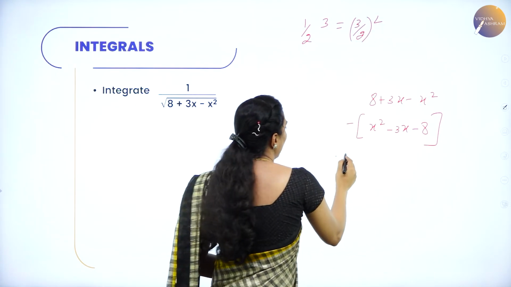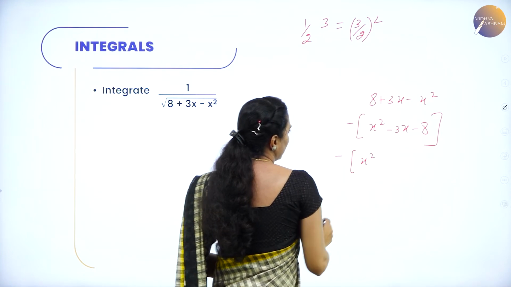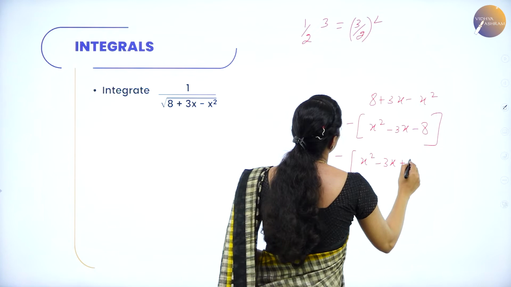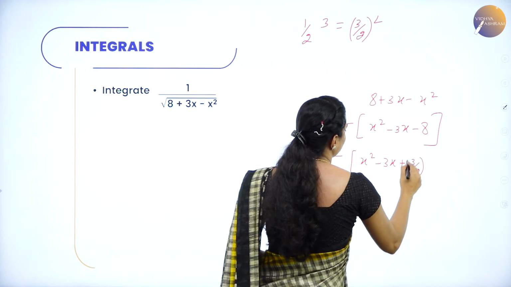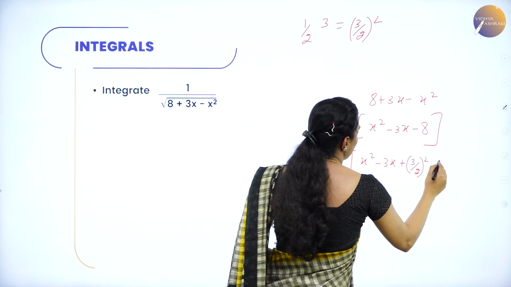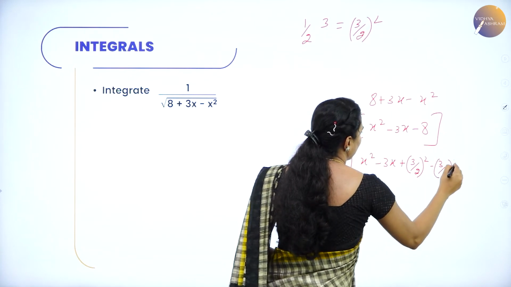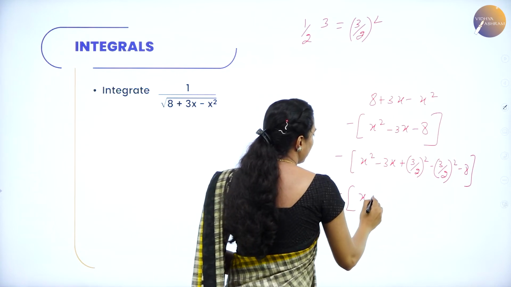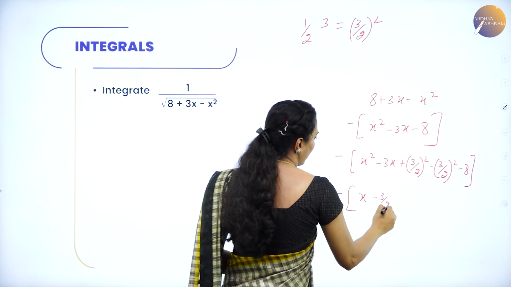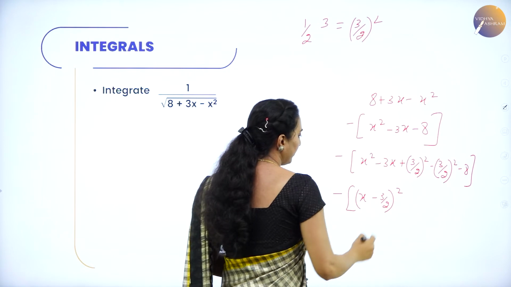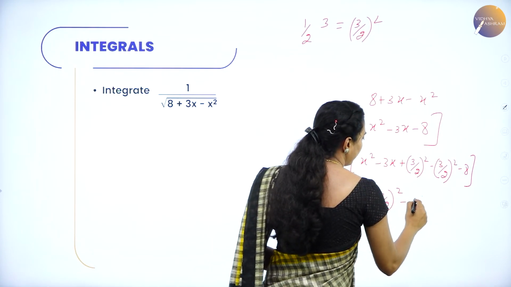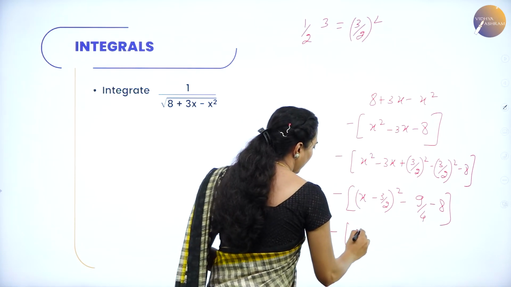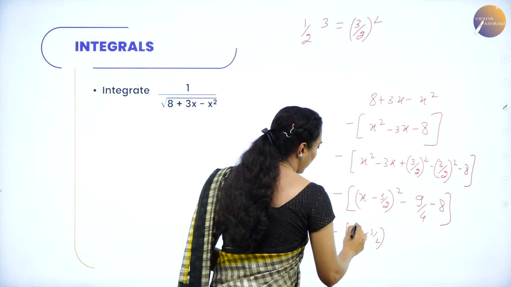Now which is minus of, adding and subtracting, x squared minus 3x plus (3 by 2) whole squared minus (3 by 2) whole squared minus 8. Now this will become minus of (x minus 3 by 2) whole square. Now you are having here minus 9 by 4 minus 8, which is minus of (x minus 3 by 2) whole square.